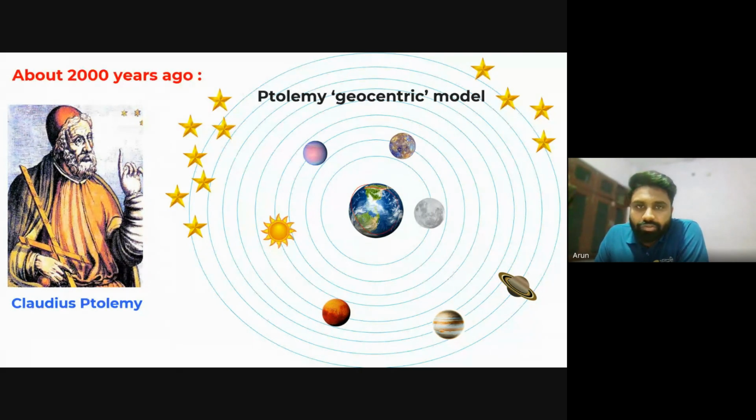So this model is also termed the geocentric model, in which our earth is at the center and all other things present in the solar system revolve around the earth in a circular orbit. Even the sun, he assumed, is also revolving around the earth in a circular orbit. Got it?